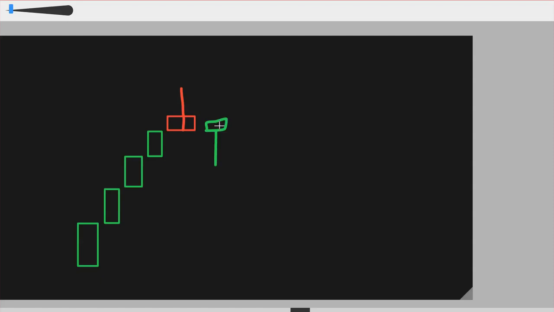This shows that there are still buyers in the market. So there's a chance that maybe the market will go up from here, or maybe you will see a reaction candle right here, and then the market will go up from here.